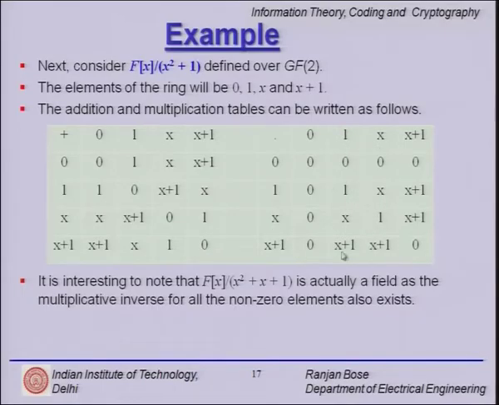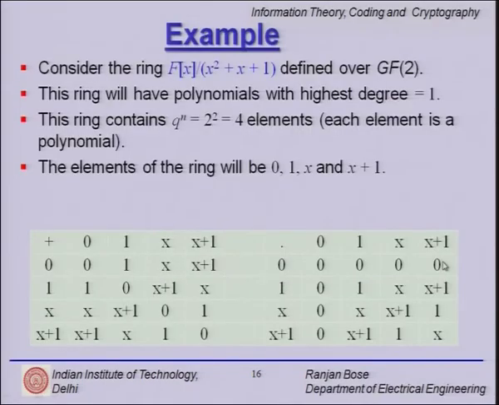Each element, 0 is of course excluded from a multiplicative inverse, but the x plus 1 element does not have a multiplicative inverse. On the other hand, if you look at this ring, x is a multiplicative inverse of x plus 1, and 1 is a multiplicative inverse of 1, and so on and so forth.